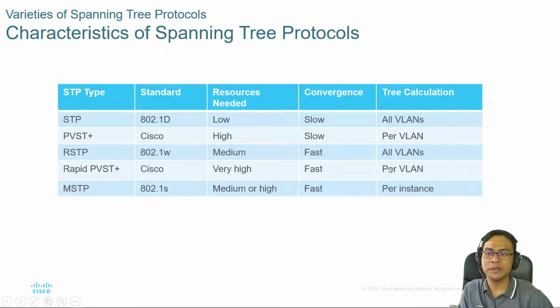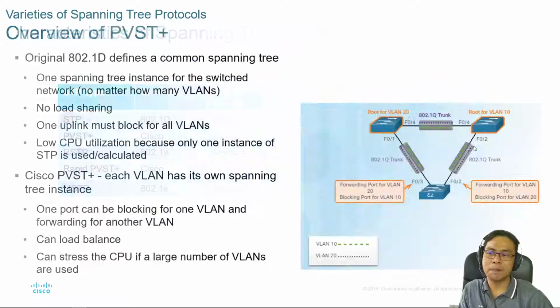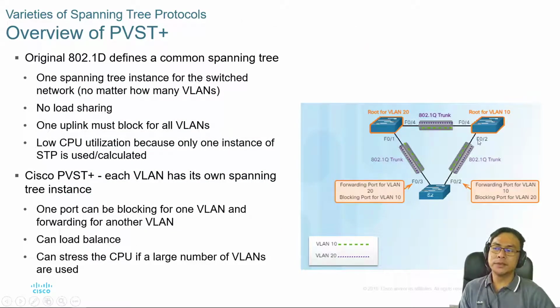So ito lang naman. Siyempre, ang pinag-uusapan natin dito is usually the PVST Plus or Rapid PVST Plus. Okay. So the original 802.1D, so nasabi ko na kanina, let's just look at the items in the presentation. So alam nyo na yung one spanning tree instance for the switch network. Lahat-lahat yan magkakasama.